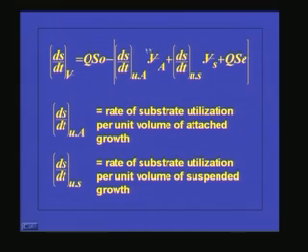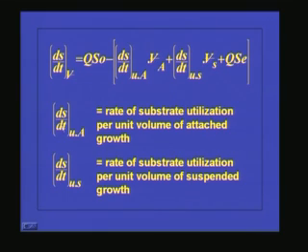So this is the substrate utilized by the attached growth microorganism. Whatever microorganism is attached to the disc, the organic matter removed by the attached growth system, and this is the substrate utilized by the suspended growth system. Vs is the volume of the suspended growth system, Va is the volume of the attached growth system, and Q into Se, Q is the flow rate, Se is the effluent BOD.